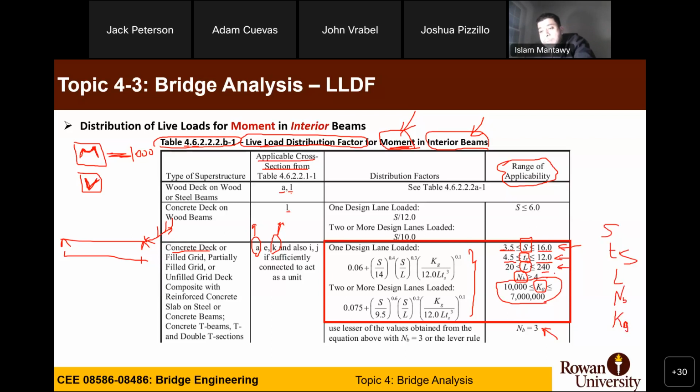After that, it tells you one design lane loaded, or 2 or more design lanes loaded.